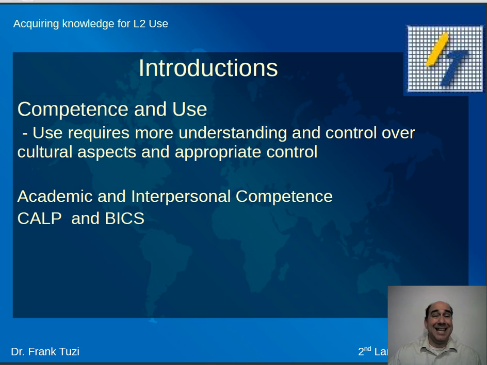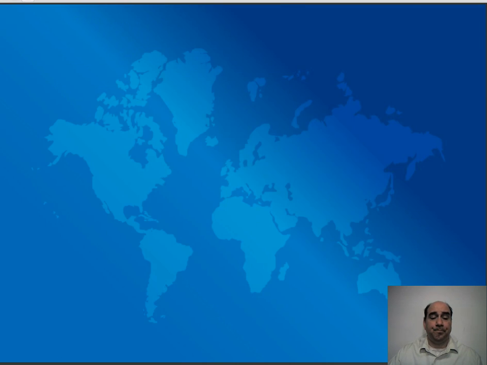So we have things like CALP, Cognitive Academic Language Proficiency, for the skills and the components necessary for communicating in the academy. And then there are the BICS, Basic Interpersonal Communication Skills. And they're ones that are used everywhere, even outside of the school systems.